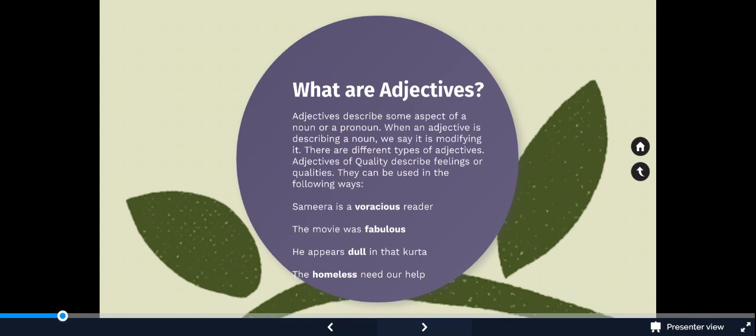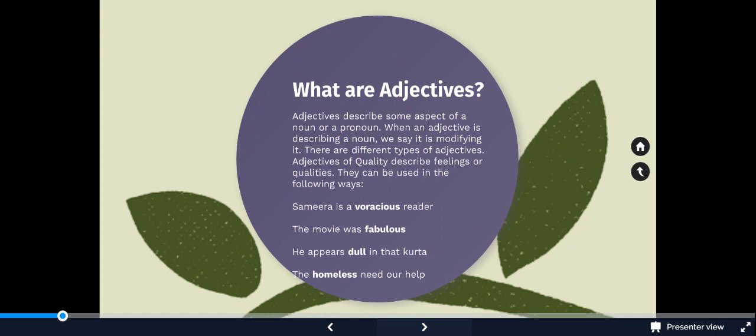What are adjectives? Adjectives describe some aspect of a noun or a pronoun. When an adjective is describing a noun, we say that the adjective is modifying the noun. There are different kinds of adjectives, but in this presentation, we are dealing with adjectives of quality and also adjectives of quantity.